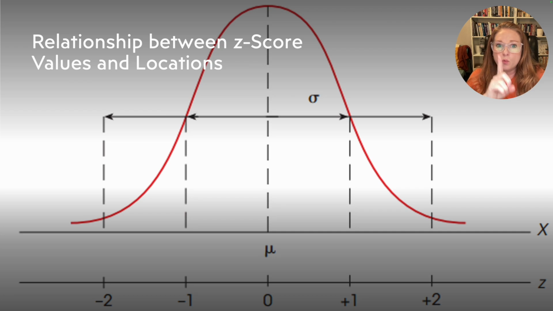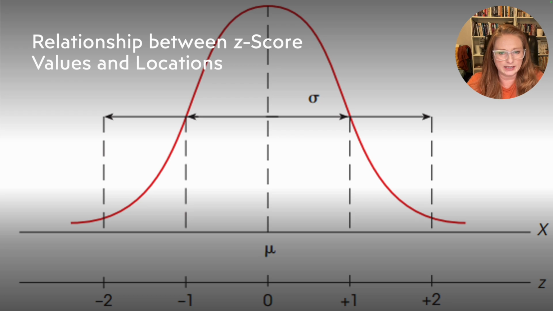If you are one standard deviation above the mean, let's say the standard deviation is 10, so you scored a raw score of 86. The average is 76, you scored an 86, and because the standard deviation is 10, you are one unit, one standard deviation, above the mean. Your z-score is 1. Because it's symmetrical, whatever happens on the right-hand side can happen on the left-hand side. If you scored a 66, you are one standard deviation below the mean.